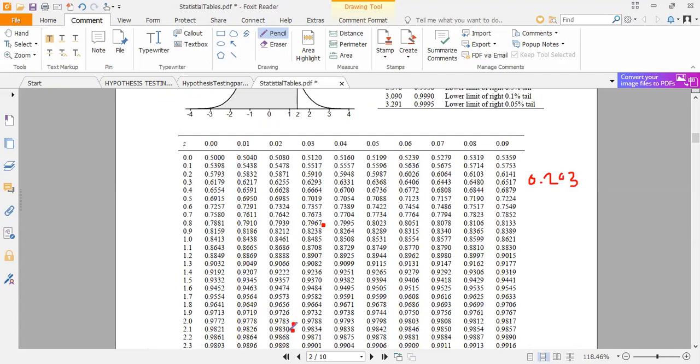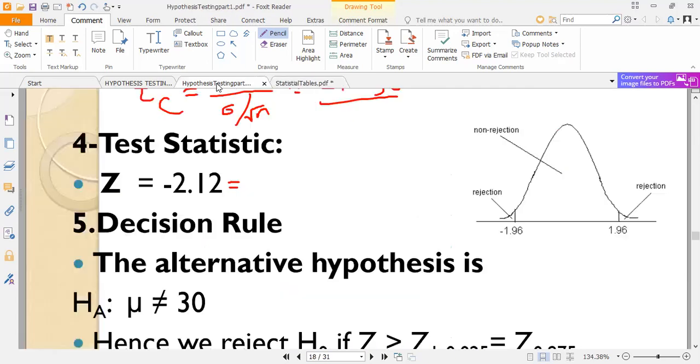What do you do to the 0.9830? You subtract it from 1. Then what do you get? 0.0170. Good.